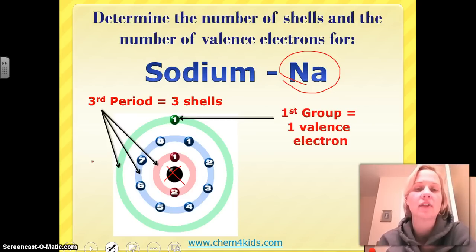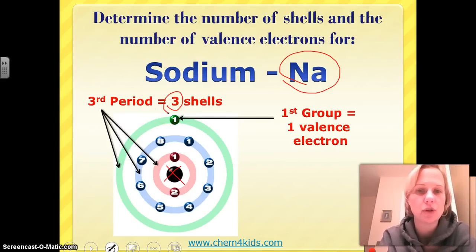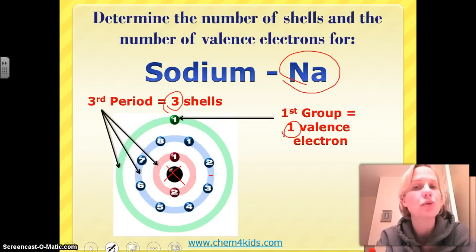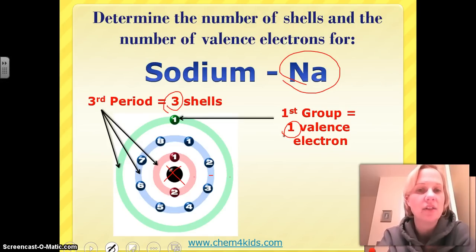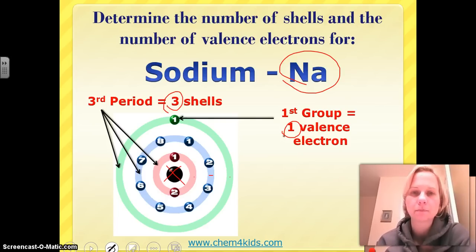So that means I've got 3 circles, which is what we did, 1, 2, 3. It's in group 1, it's only got 1 valence electron, and that's right there. And we drew sodium in class. I showed that to you when we were talking about being reactive. This is why it's reactive, because it's got that 1 lone electron.